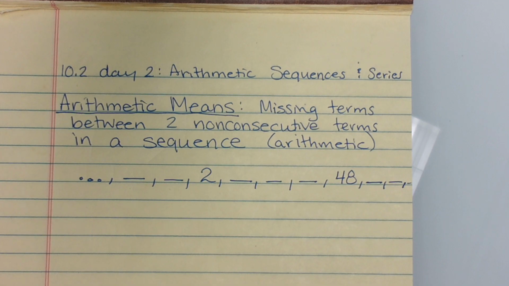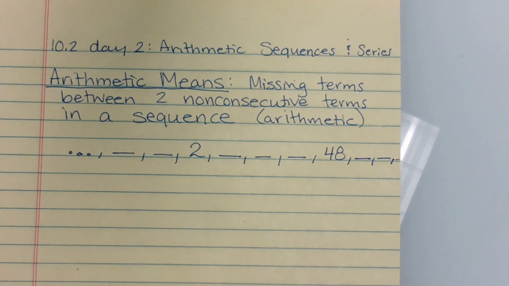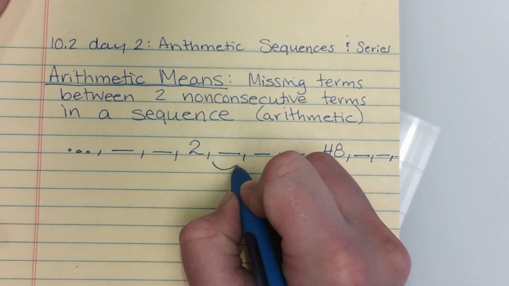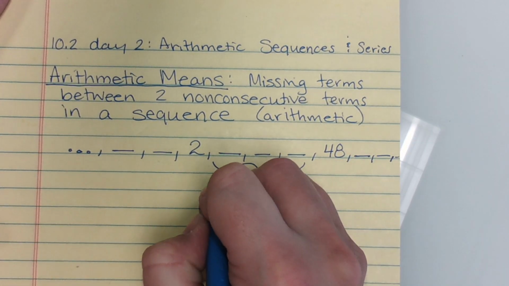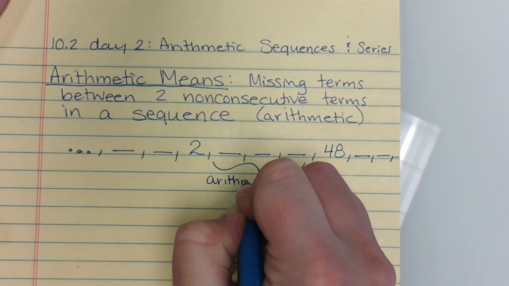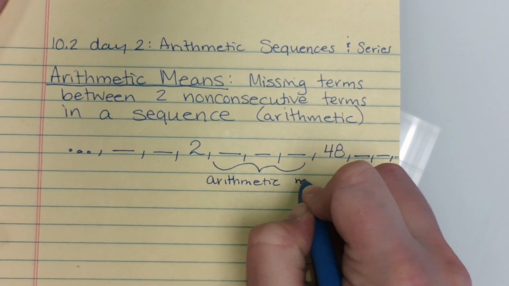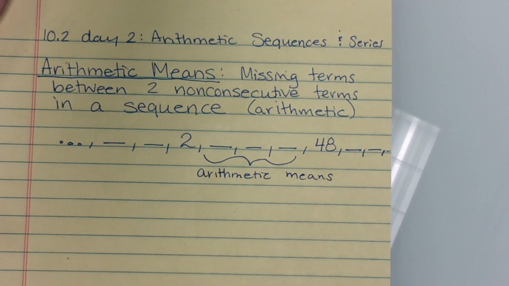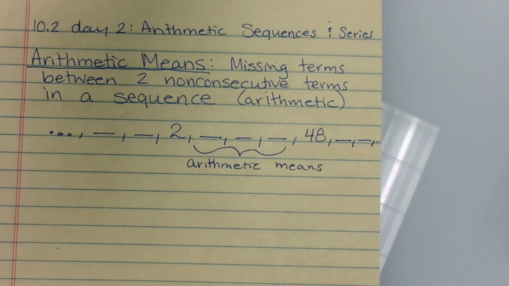It doesn't, which means how long are they? Infinitely long. They go on forever. But these right here would be our arithmetic means, at least between 2 and 48 in this particular list.